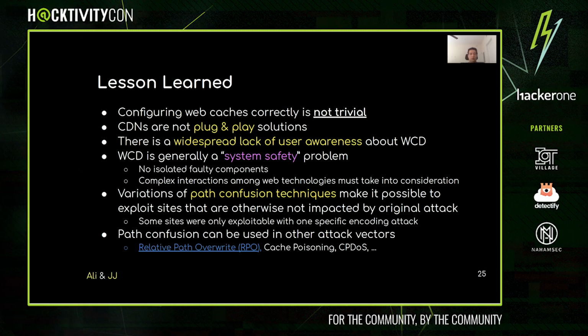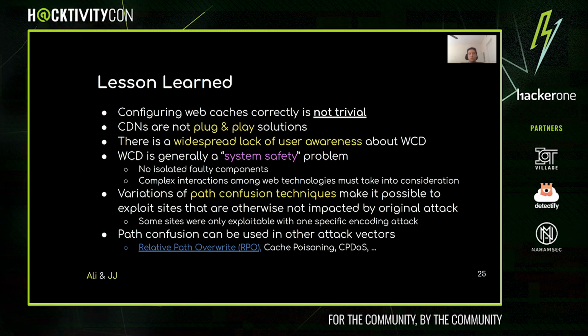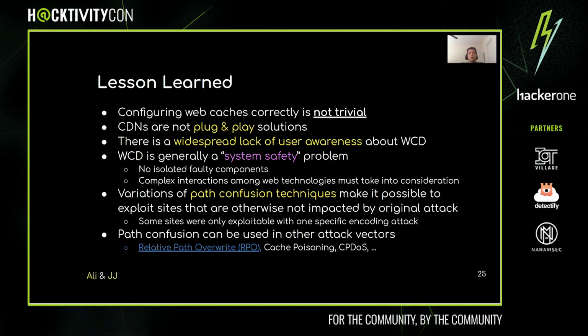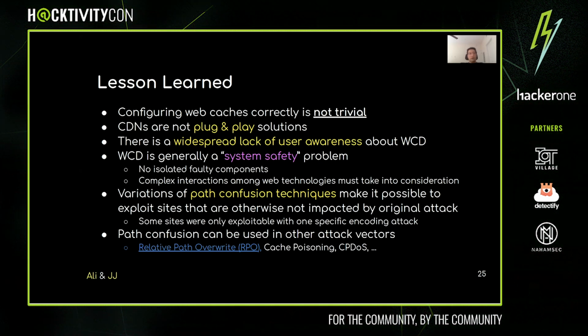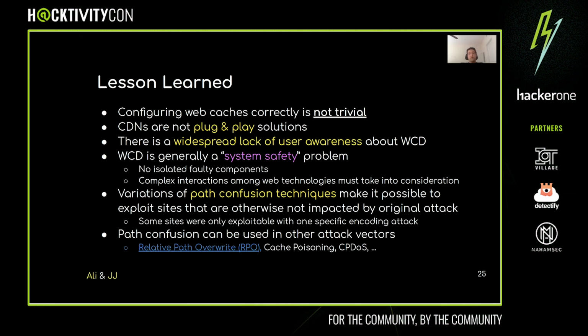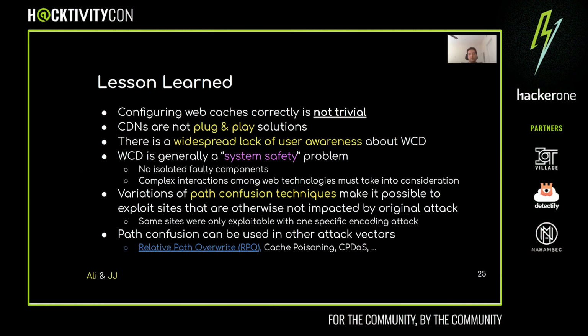The most important things in this presentation: variation and path confusion techniques make it possible to exploit sites that are otherwise not impacted by the original attack. Some sites were only exploitable with one specific encoding technique, and encoding techniques can be designed specifically to hit 1 or 2 targets.